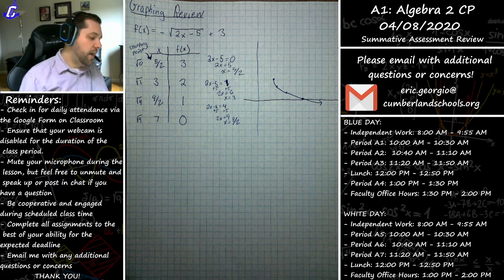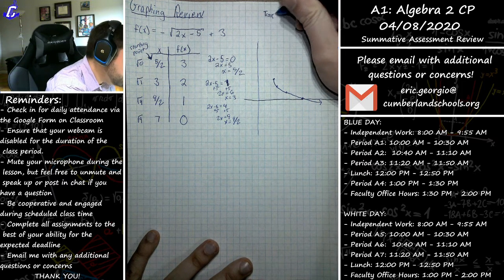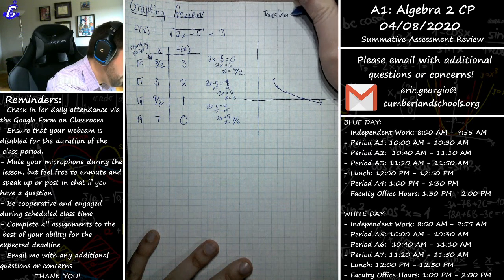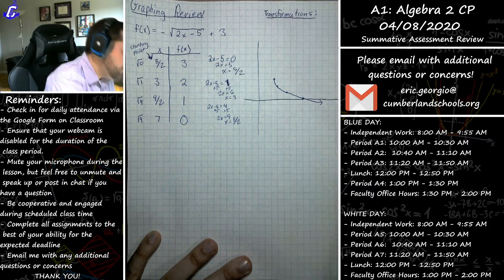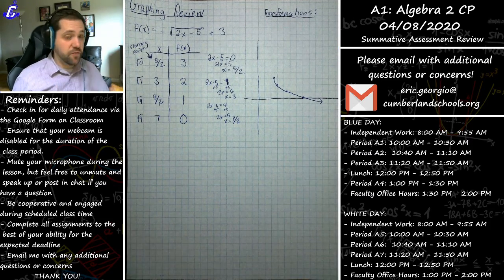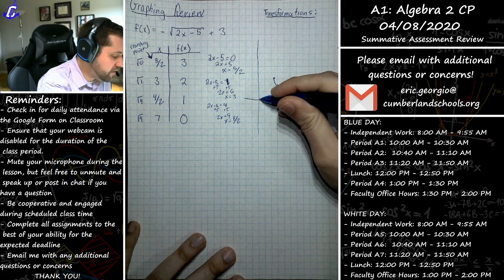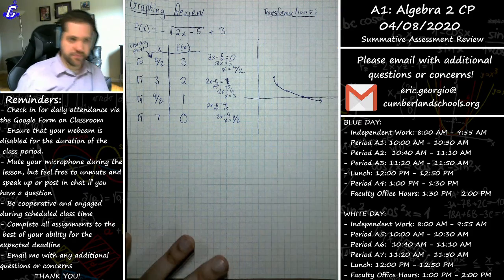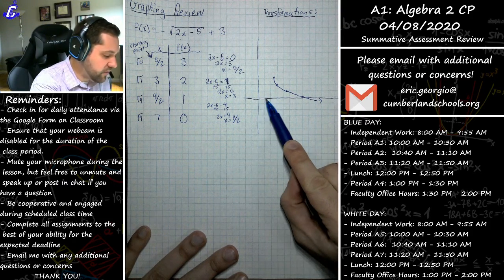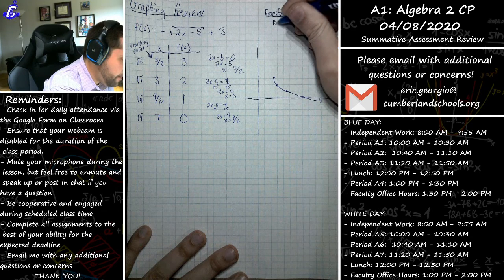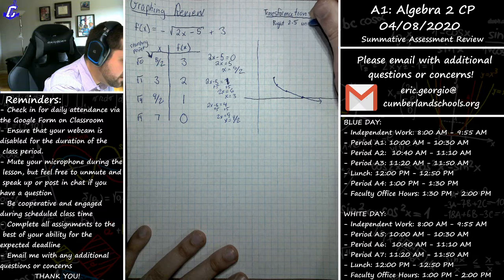All right? A couple other things we need to find about this function are the transformations, domain, and range. So the transformations refer to how did the function change from our regular old parent function. Our regular old square root parent function starts at 0, 0 and goes up like this. So how did this change? Well, its starting position changed. It moved to the right by 2.5 units or 5/2 units.